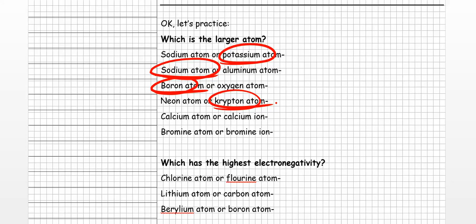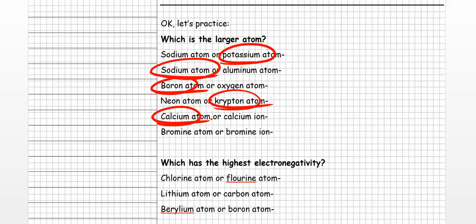Well, to go from calcium to calcium 2+, you're going to have to lose 2 electrons. So the atom gets smaller. If you're on the left-hand side and you form the ion, it is smaller than the atom from which it was derived. So calcium would be bigger.